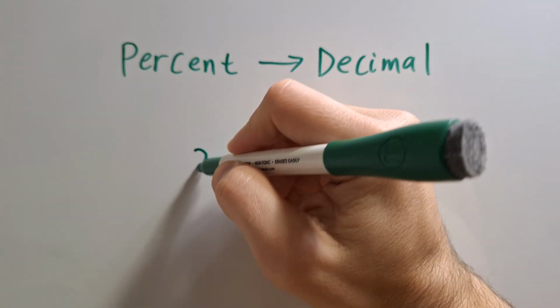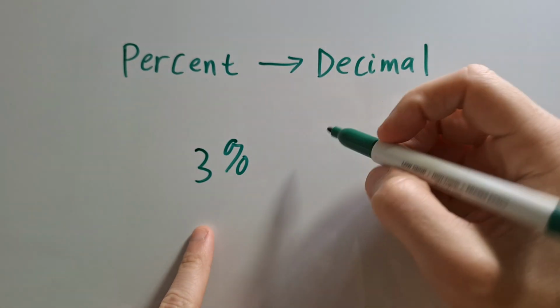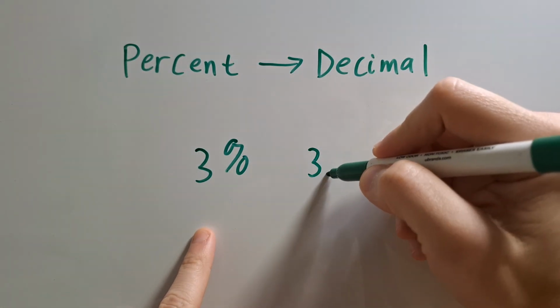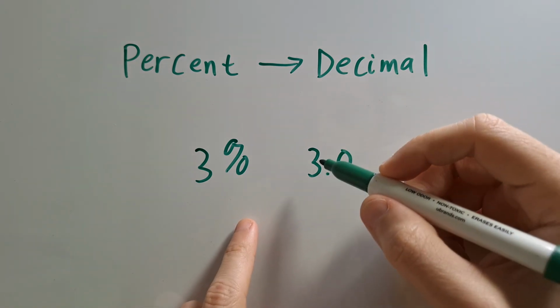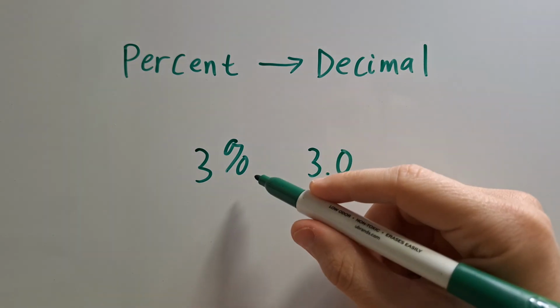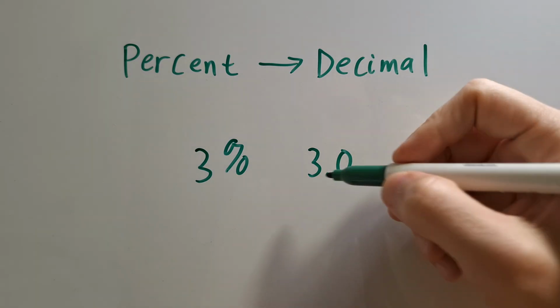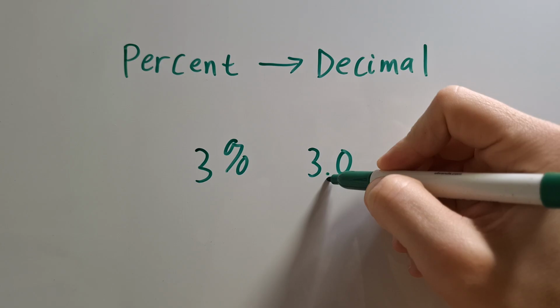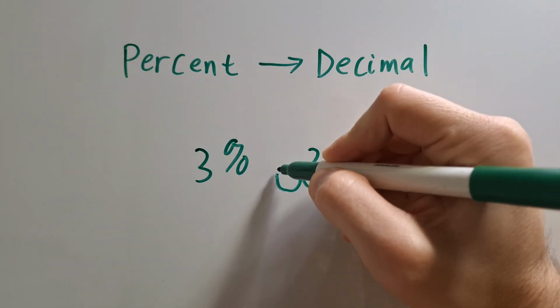I'll try another example, 3%. 3% we can write as 3.0. When you divide by 100, you're moving your decimal point 2 places to the left. So essentially now this decimal point is right here.